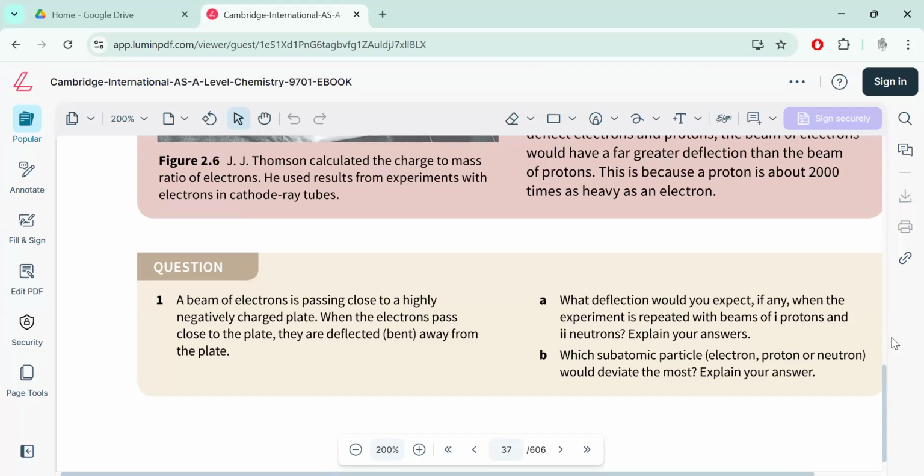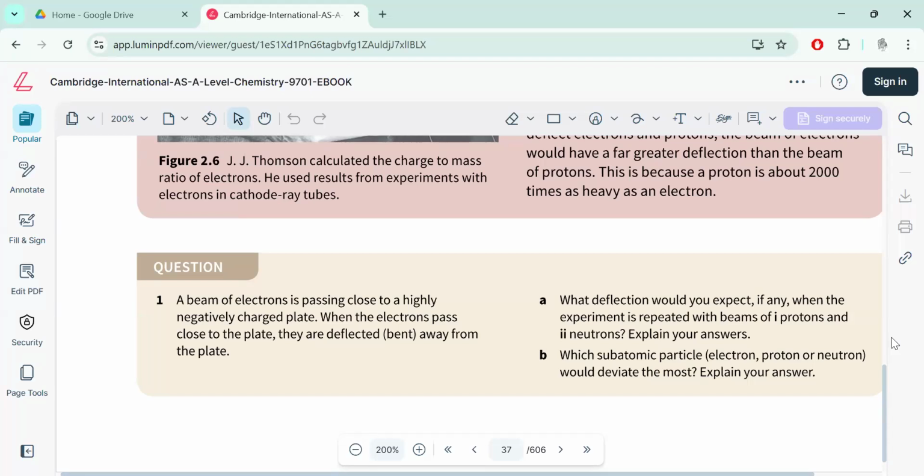So when they are close to the negatively charged plate, they would be deflected towards it, meaning they attract each other, since the proton is positive and the plate is negative. So the answer for the first question is that they will be deflected towards the plate.